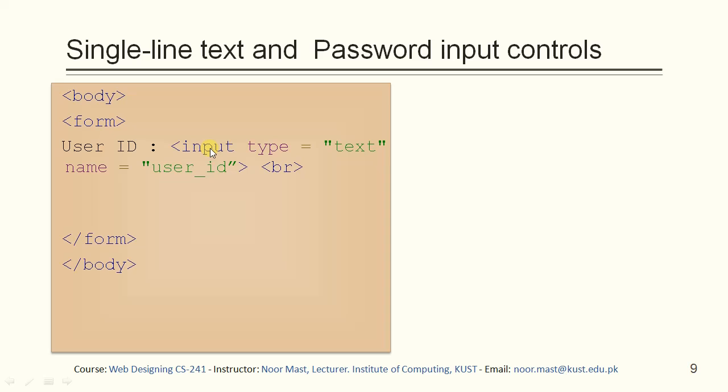Input tag, so it is an unpaired tag where the type attribute has a value of text and the name attribute has a value of userID. This is another control, the input tag, but the value of the type attribute is password, name equal to password.